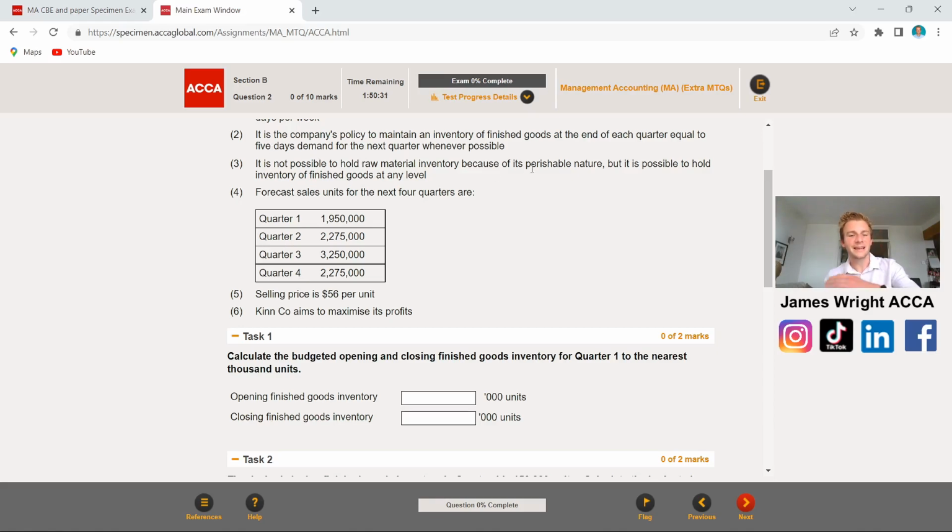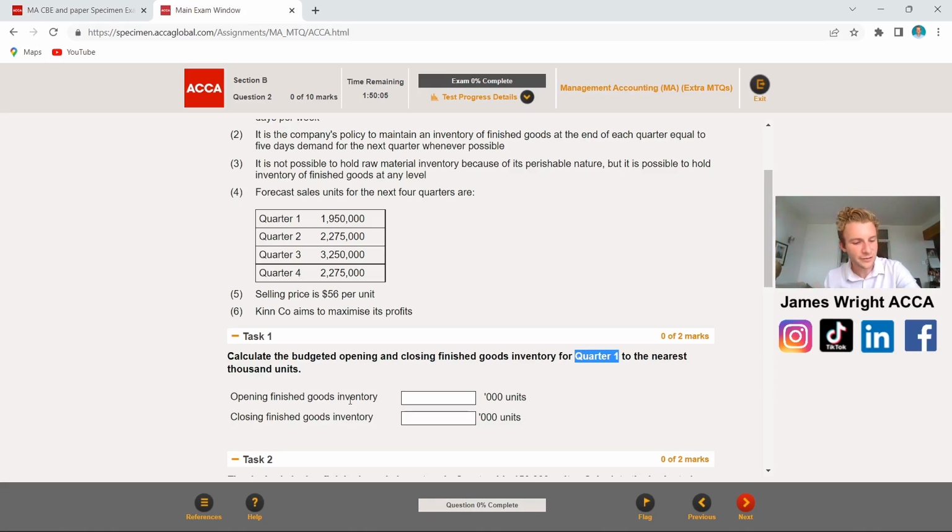What that's saying is that looking at quarter 1, the opening finished goods refer to either the previous quarter, which unfortunately we don't have the information for, or the first week of quarter 1, because they're equal to the 5 days demand for the next quarter wherever possible.